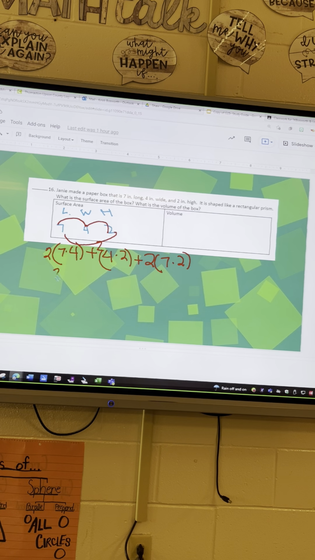So that's 2 times 28 plus 2 times 8 plus 2 times 14. 56 plus 16 plus 28. 100 even is what I got. That's the surface area.